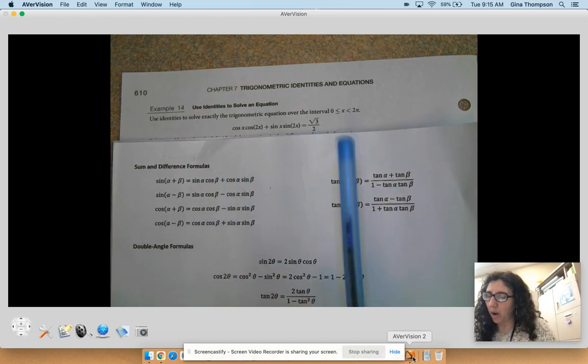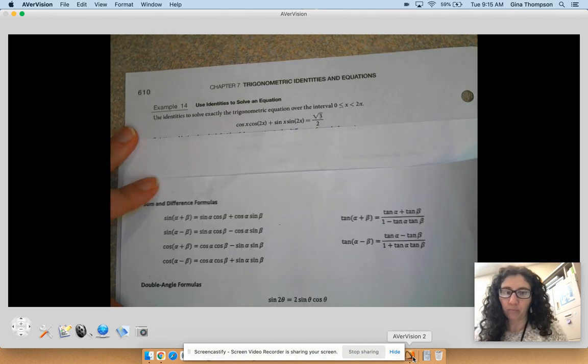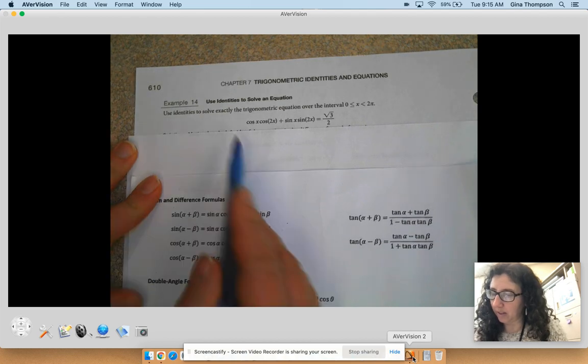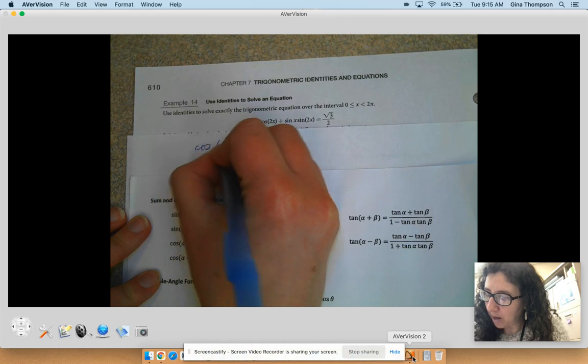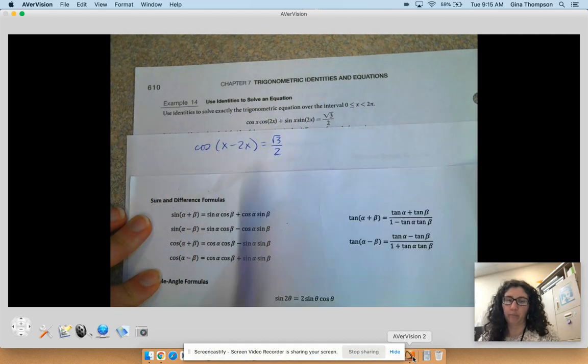Yeah, this would work. So I can use this trig identity to simplify this to be cosine of x minus 2x equals square root of 3 over 2.